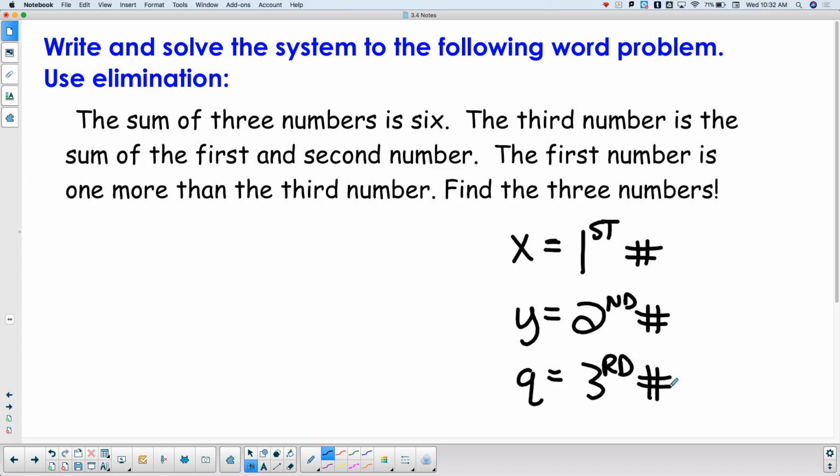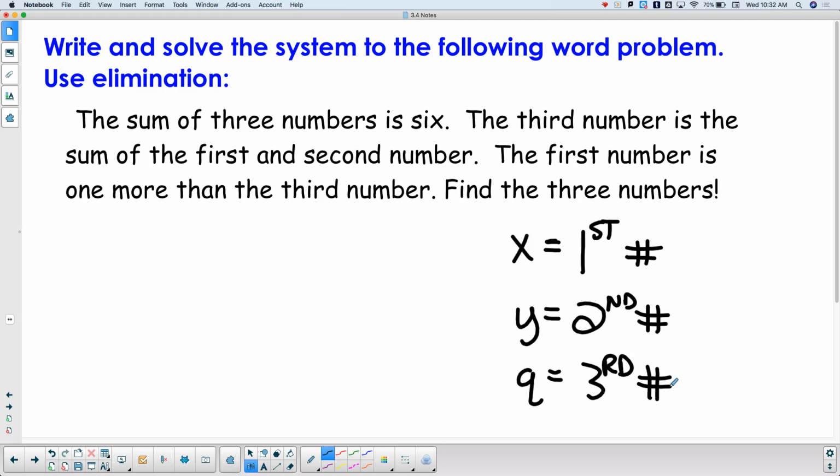If you put anything there, it's fine. Doesn't matter, as long as there's 3 letters. All right, so now we've done step number 2. We've defined our variables. We're going to be finding 3 numbers. There's going to be a specific order to those numbers. Now we need to come up with 3 equations because we defined 3 variables.